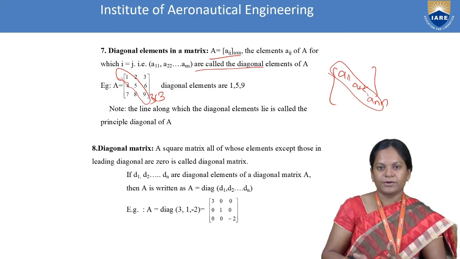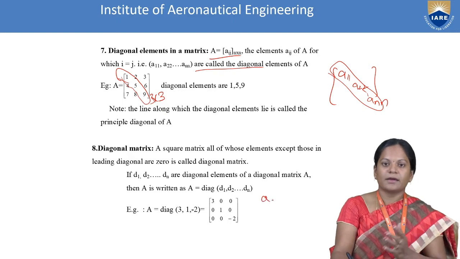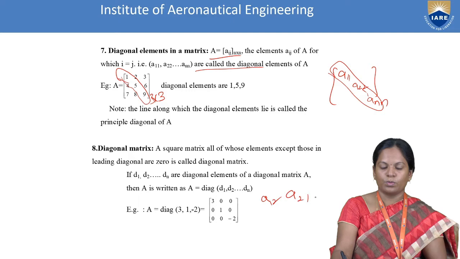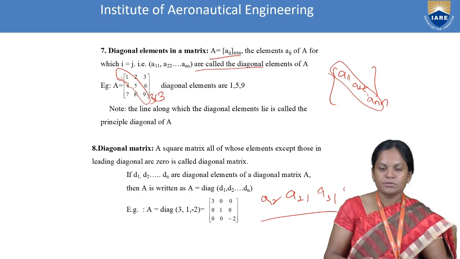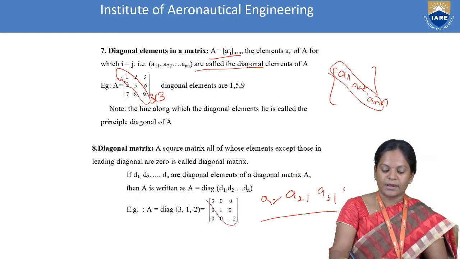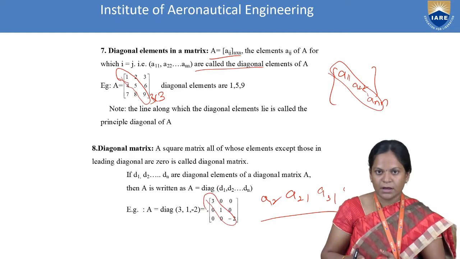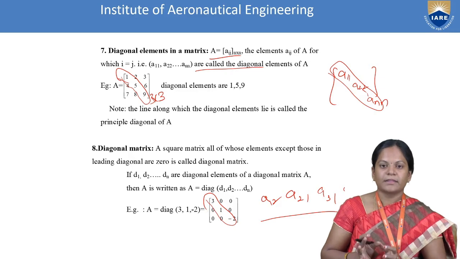That is, A12, A21, A31, A13 and all these entries where i is not equal to j are zero. So in a diagonal matrix we have only diagonal elements and all the rest are 0 entries.